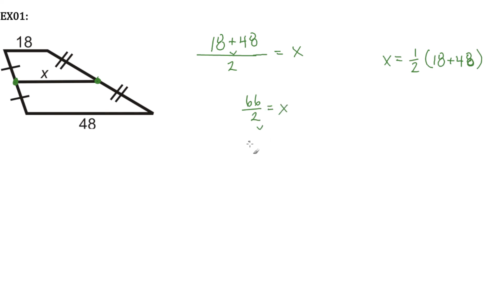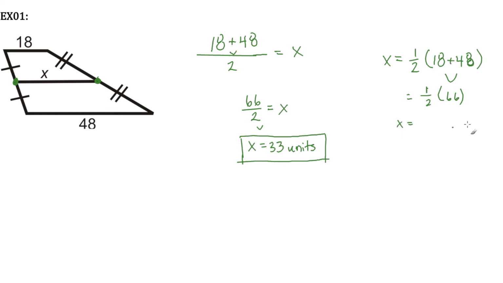We get x is 33 units. You could do the same over here: you would get 66 and multiply it by half, and get the same thing.